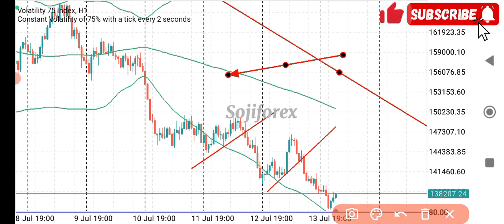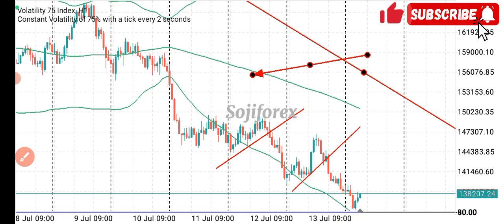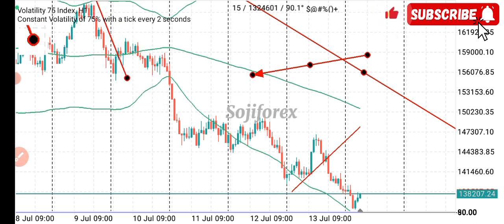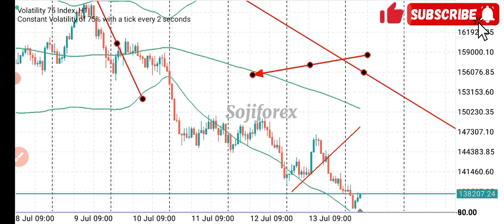So immediately price is at that zone, what will I do? I will pick up my reference line, which is the same tool I use for my trend line. This is my reference line. I will leave a little gap between that particular candle and then I will place the line like this.